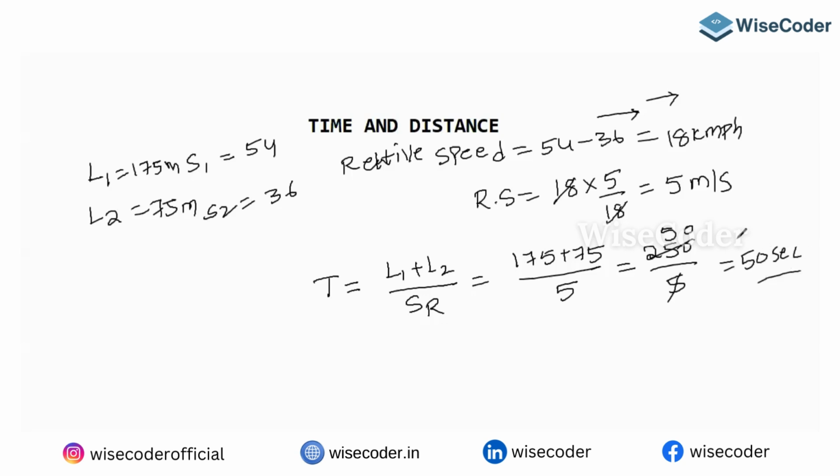From the moment both trains start, in not even 1 minute, in 50 seconds, the faster train is going to cross the slower train.